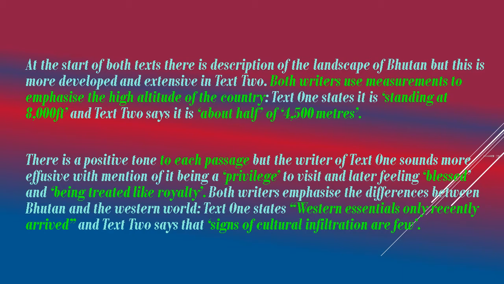Both writers emphasize the differences between Bhutan and the Western world. Text 1 states that Western essentials only recently arrived, and text 2 says that signs of cultural infiltration are few. Students, remember that we're looking at the similarities of both texts, and also later on we're going to be looking at differences.